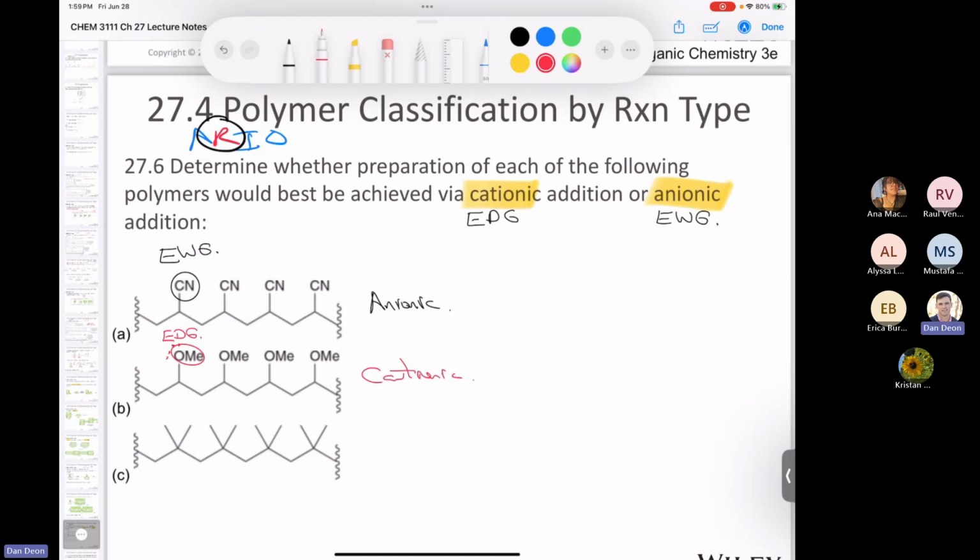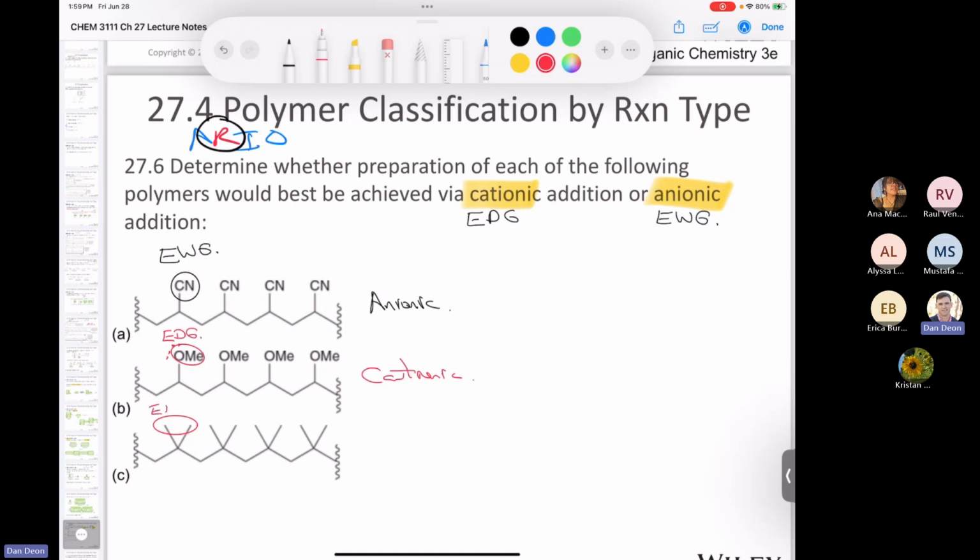And what about the last one, the alkyl groups? Would you say those are electron withdrawing or electron donating? And again, it's not a trick question. Would these be electron withdrawing groups or electron donating groups, methyl groups? These would be electron donating groups, okay?